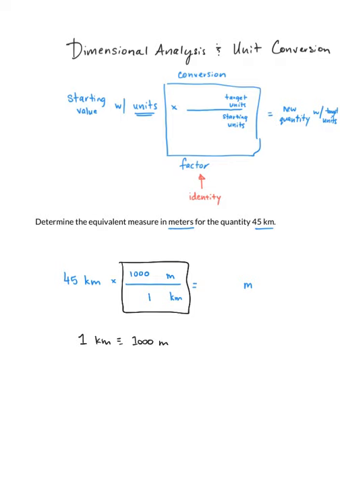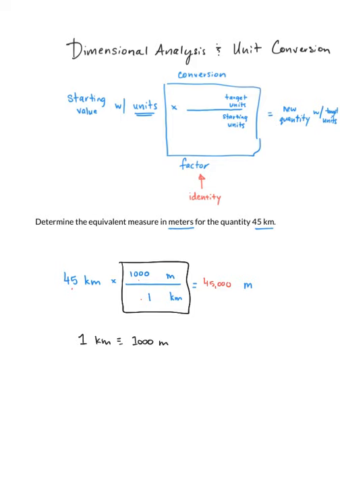That means that all I have left to do from this point onward is math. I can plug all this into my calculator if I really want to, or I could do it in my head. I'm going to first work with numbers and then work with units. When we work with numbers, we multiply 45 times 1,000, divide by 1. That gives us 45,000.